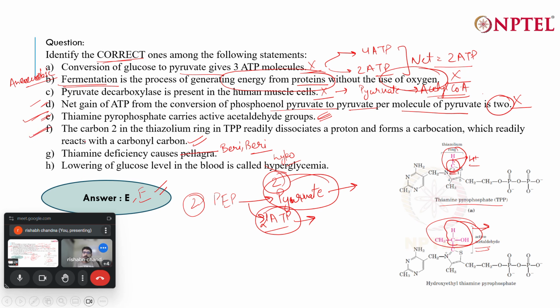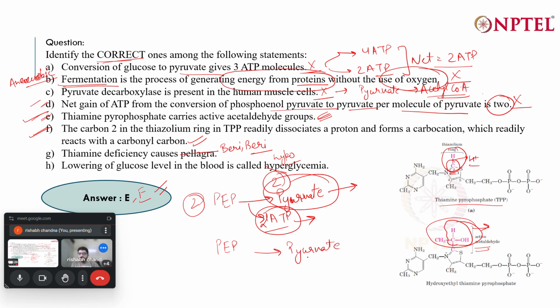Okay, any doubts in this question? Okay, so as you know, one molecule of phosphoenol pyruvate actually yields pyruvate, right?